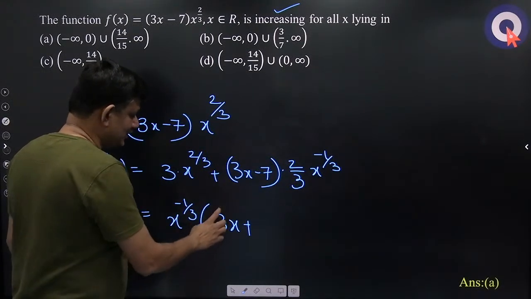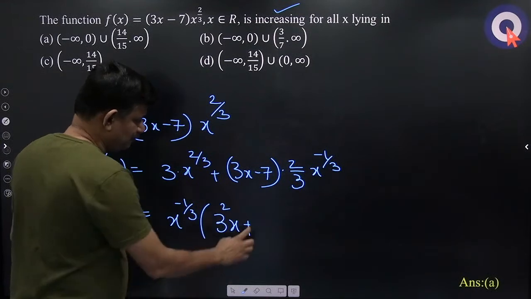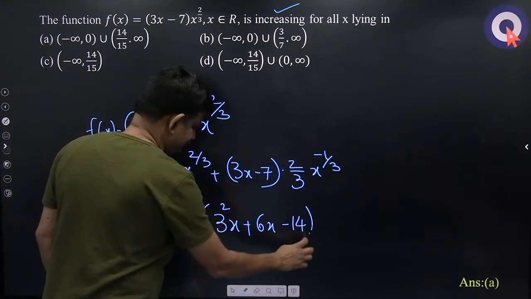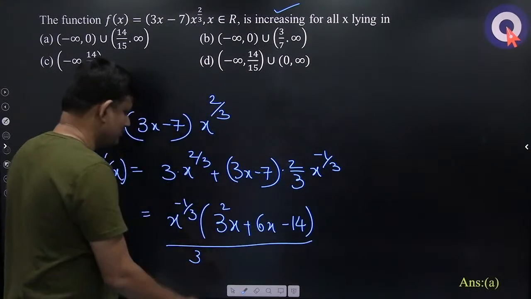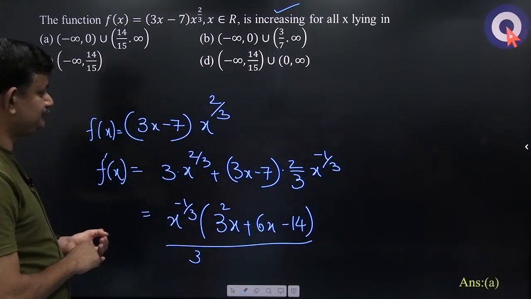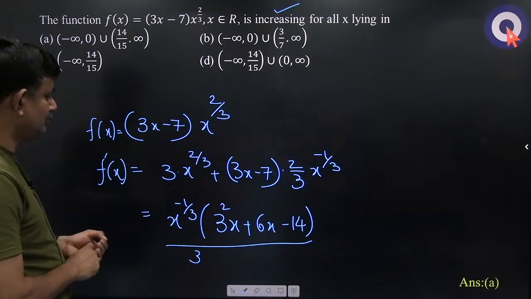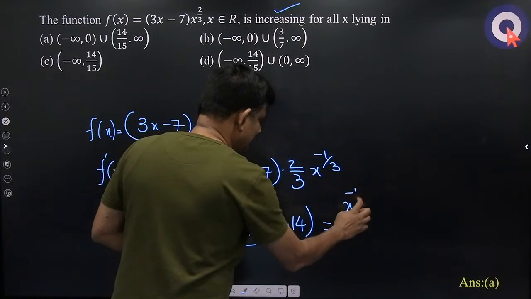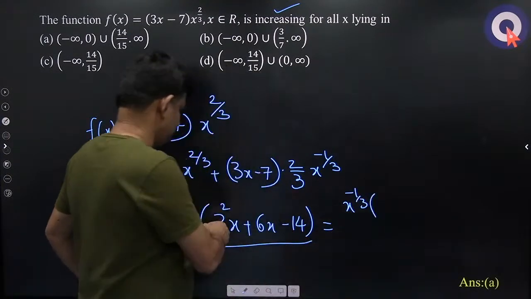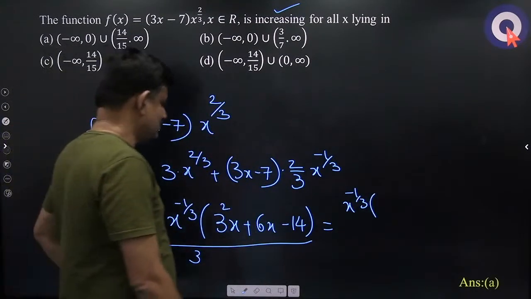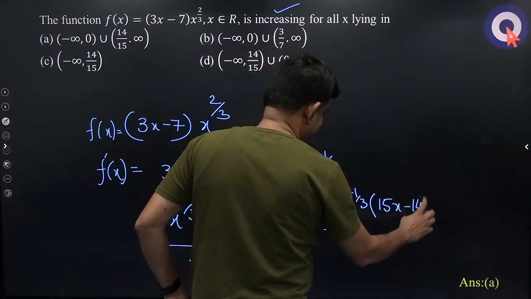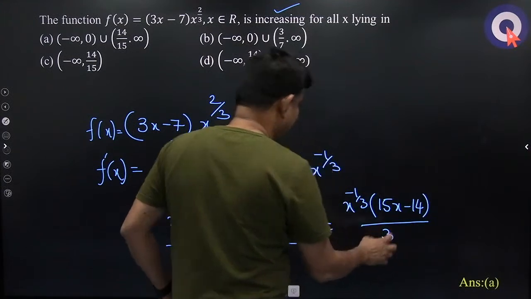This 3 also I can take common. Let me simplify this. This is x power minus 1 by 3 into 15x minus 14, divided by 3.